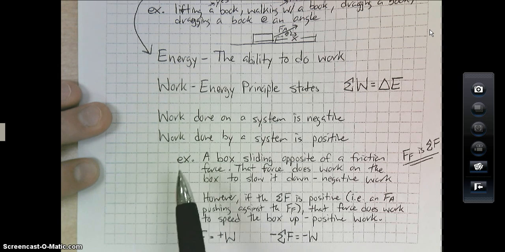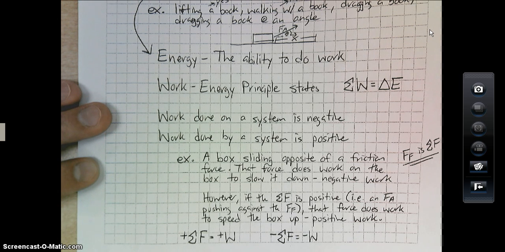Now, as an example, I've written one on here. It says a box sliding opposite of a friction force, because friction opposes the force. That force does work on the box, and it slows it down. Therefore, you are doing negative work. If it's slowing down, then that means the kinetic energy in this case would be getting smaller. That means you're doing negative work.